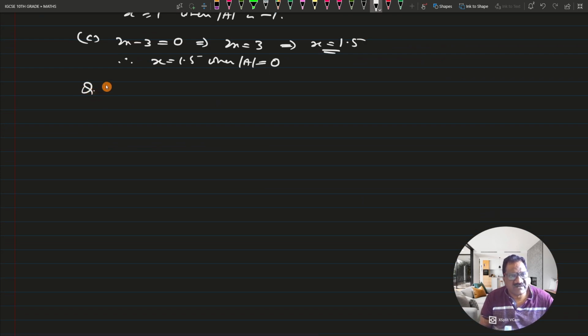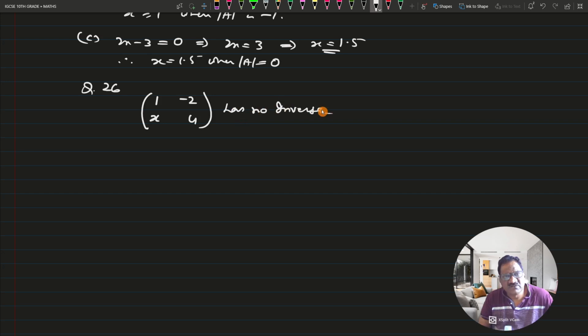Let us see what question number 26 has to say. It says that if the matrix 1, -2, x and 4 has no inverse, what is the value of x?